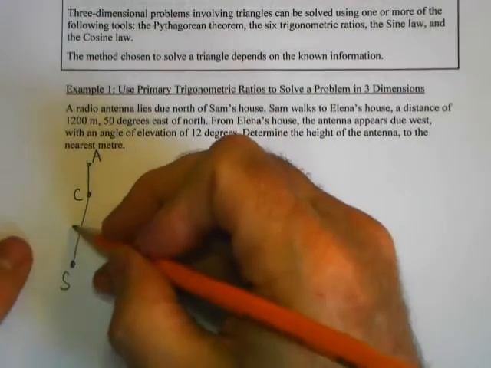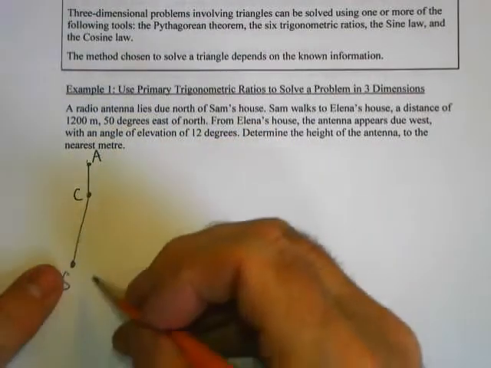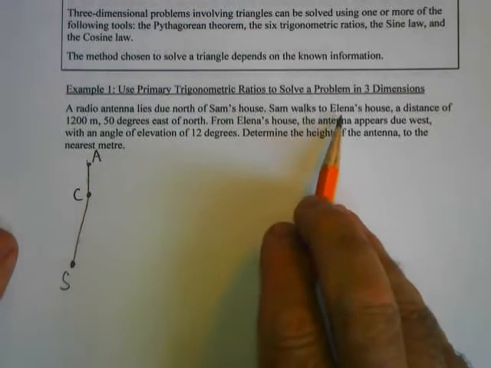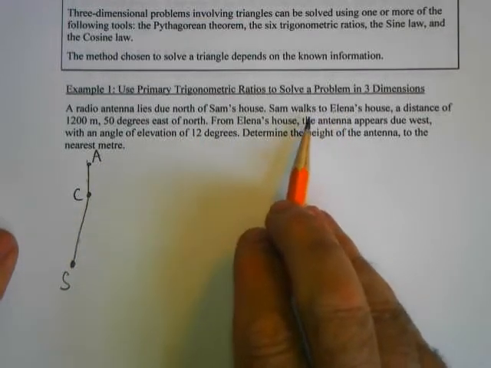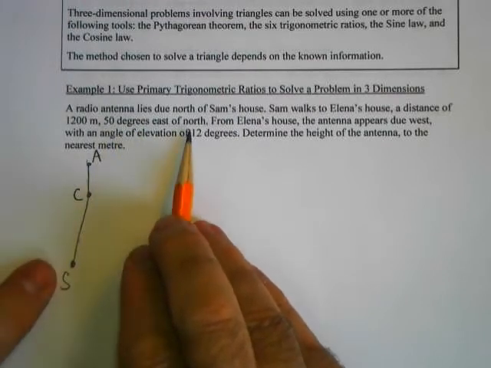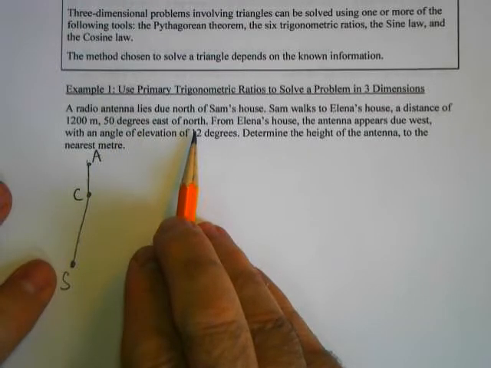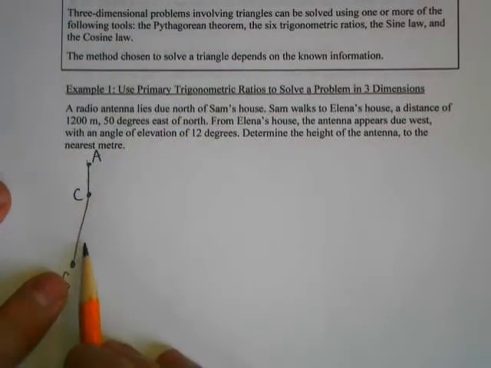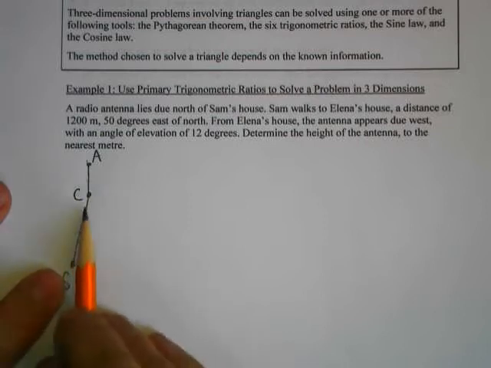Okay. So this is like due north. I'm not going to write it on there, but due north. And then, Sam walks to Elena's house, a distance of 1,200 meters, 50 degrees east of north. Okay, so what does that mean? So Sam's walking from his house, and it's east of north. So that's north. We already know that.